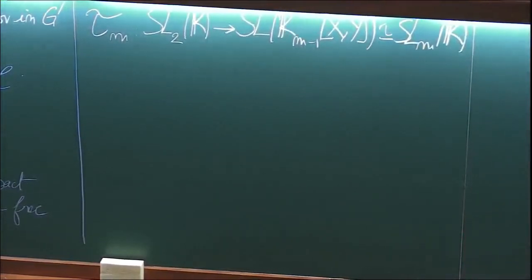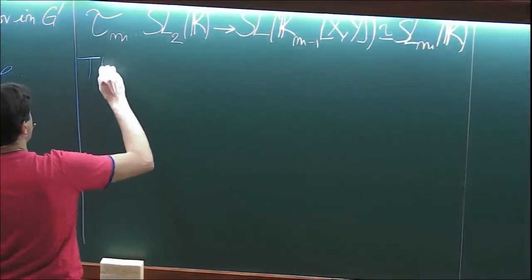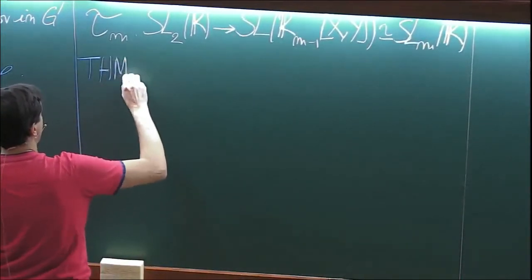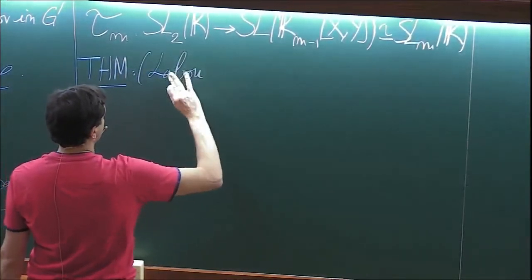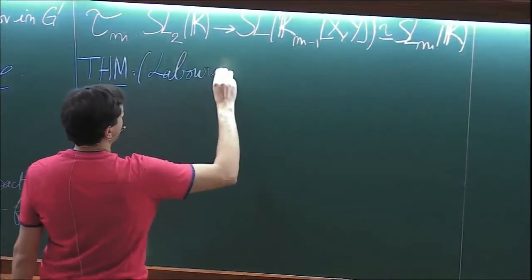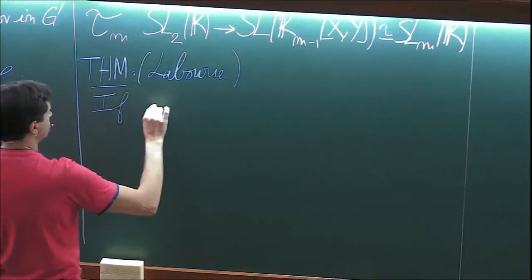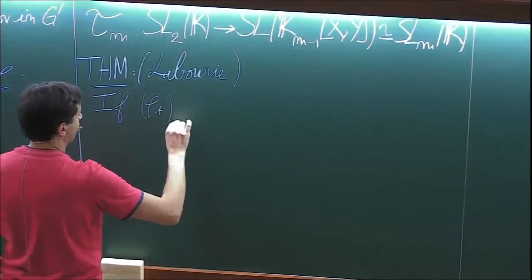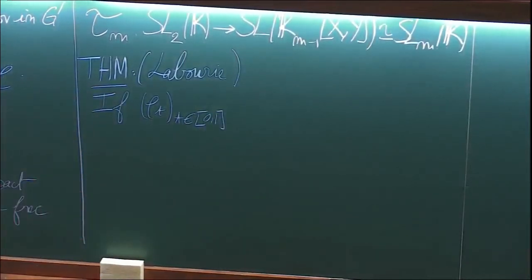Okay, and the theorem is as follows and is due to Francois Labourie. So if you have a continuous deformation of tau m of gamma, then every element in this deformation is Anosov.